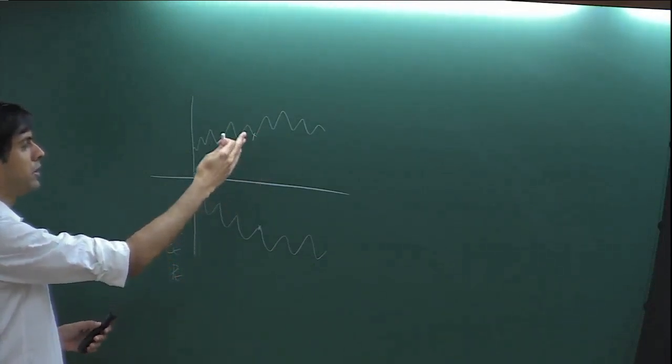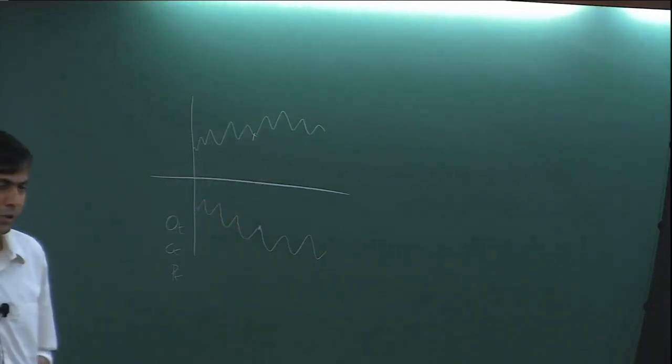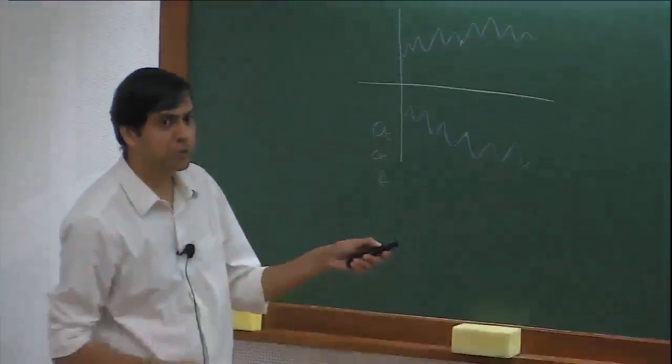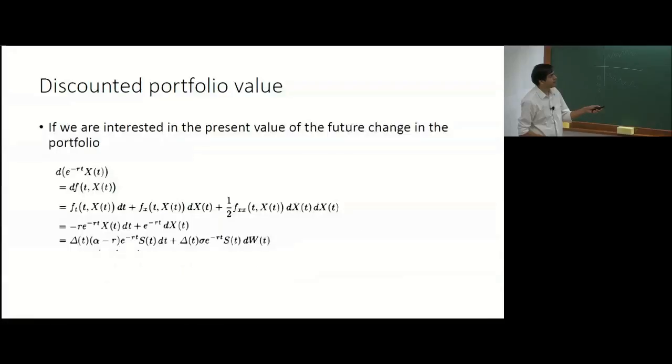So if you want to compare two cash flows on a future date, what you do is you first bring it back to the value today, and that you do with this discounting term, e raised to power minus rT, and whatever is the value at the future date, right? So you want to compute this, using this Ito process, where you say this is a function of t and X_t, where X_t is stochastic, would be f_t dt plus f_x dx plus f double dash dx dx term.